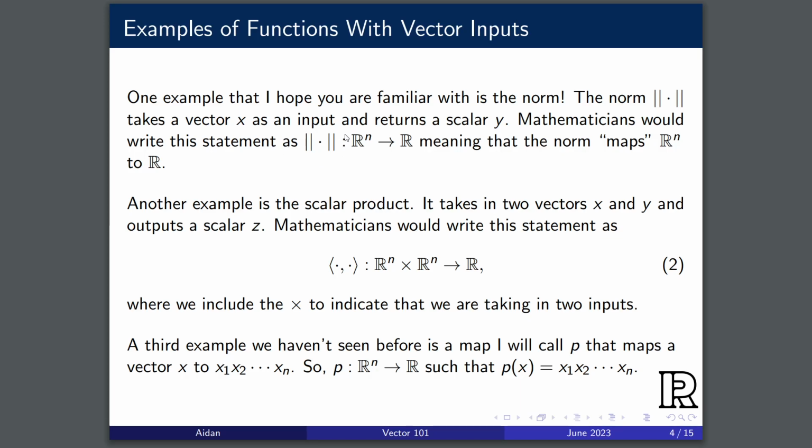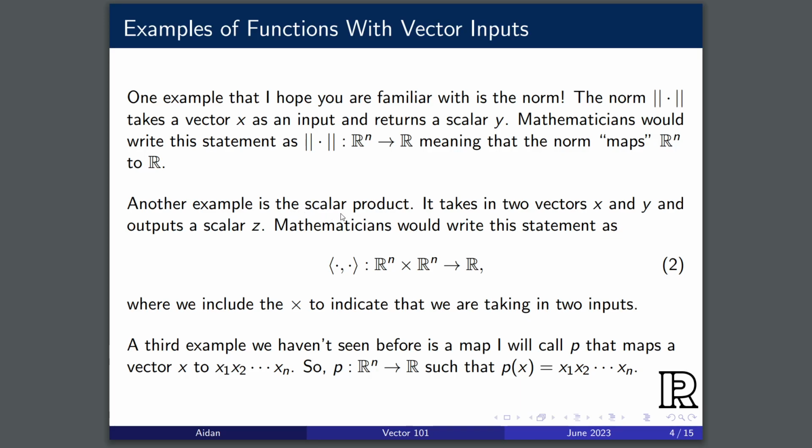The norm function maps Rn to R. So it maps vectors to scalars. This is how we write it in a very condensed notation, because it gets annoying to write that the norm takes in vectors in Rn and maps to scalars in R. This is an example of a function that takes in a vector input and outputs a number.